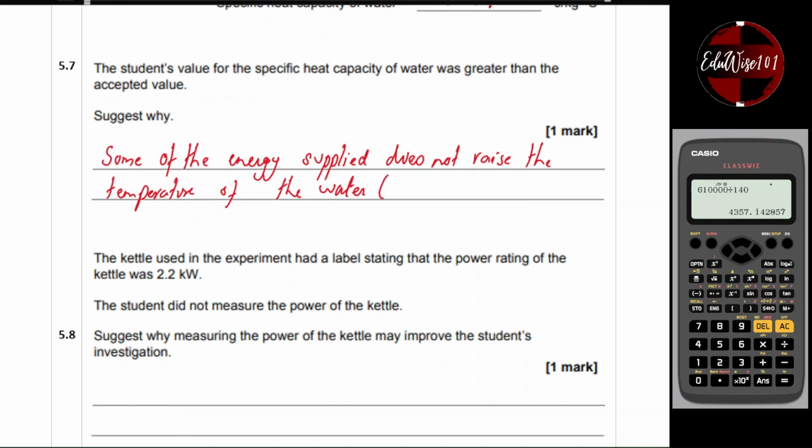Why? It's wasted or lost to the surroundings. But for 1 mark, you just need to say some of the energy does not raise the temperature of the water. Next question.